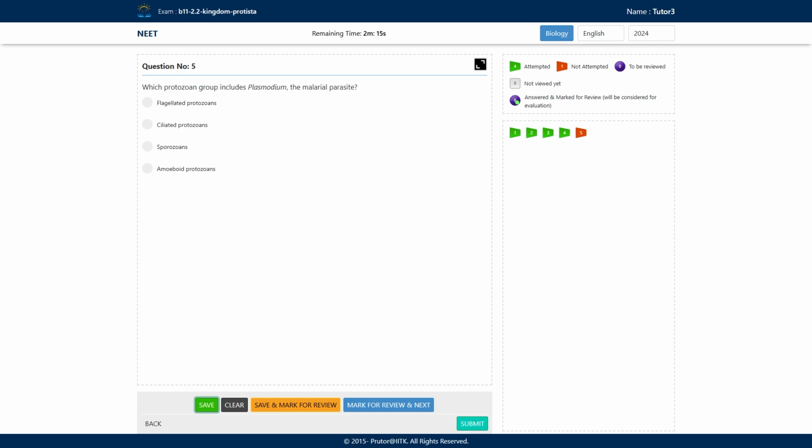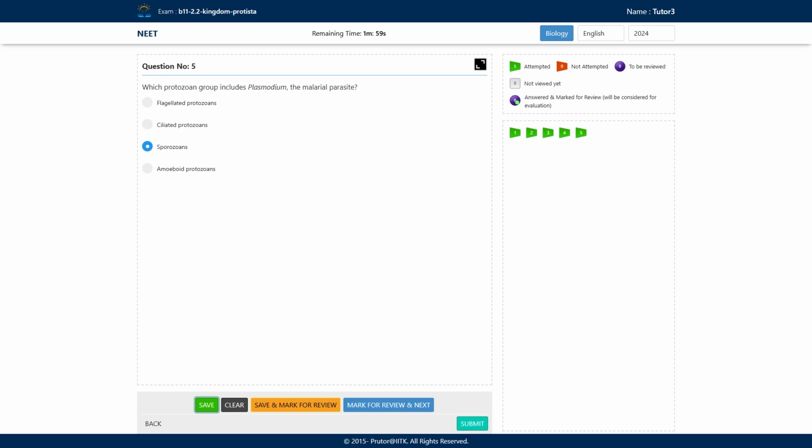Okay, so what will be the answer? The correct answer here is option C, sporozoans. Clear? So Plasmodium comes under the group sporozoans.